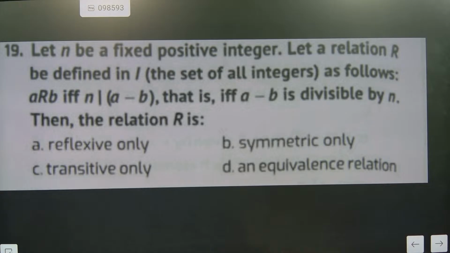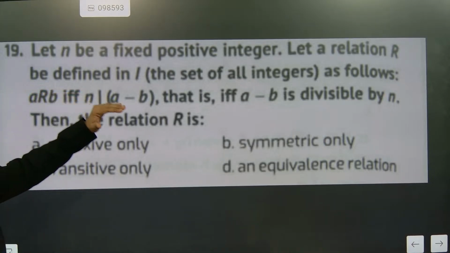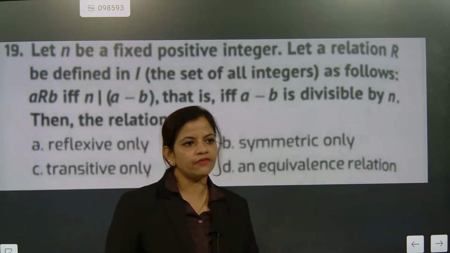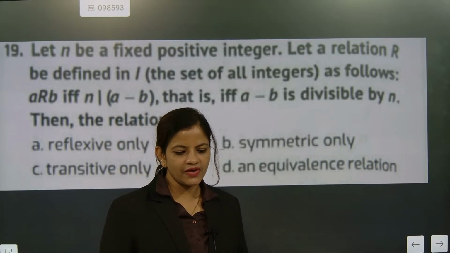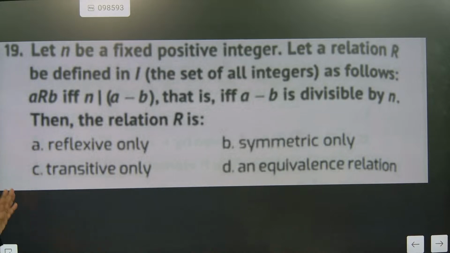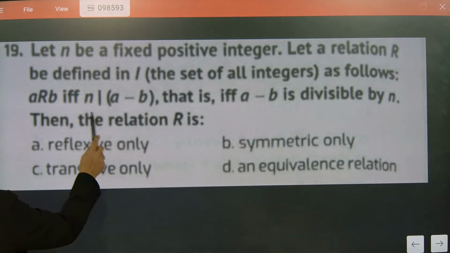Now look at everyone. First is, let n be a fixed positive integer. What is n? Integer. Integer means it can be positive and negative. 1, then -1 is also possible. 5 means -5 is also possible. So positive integer it is. After that, let a relation R be defined on Z, the set of all integers, as follows. Now, can you see better?